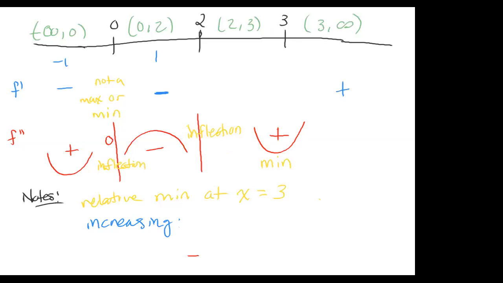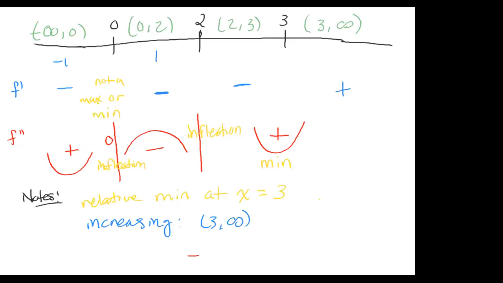I know that it's negative here because the only places the first derivative can change sign are 0 and 3. And I know by the fact that this is a relative minimum that it's positive here. So the graph is increasing from 3 to infinity.